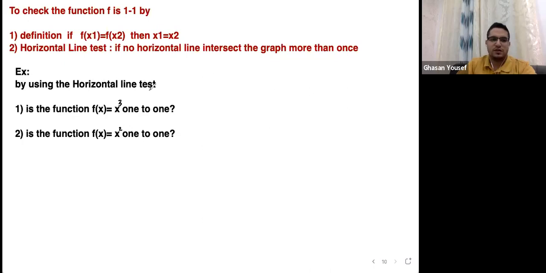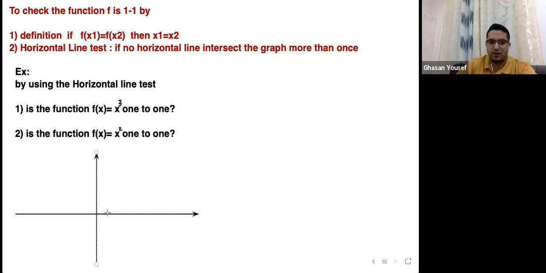So first of all, to use the horizontal line test, we have to graph the first function. By the way, this is a very important question. You should know how to use the horizontal line test to check if the function is one-to-one or not.